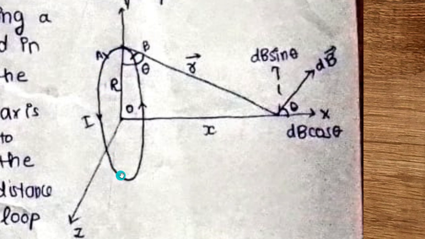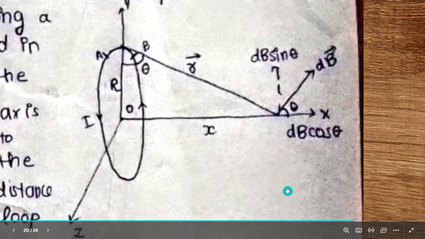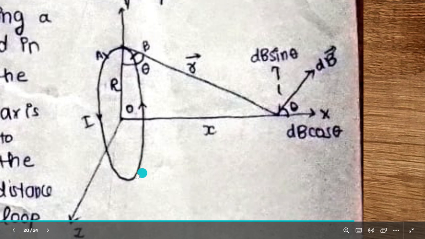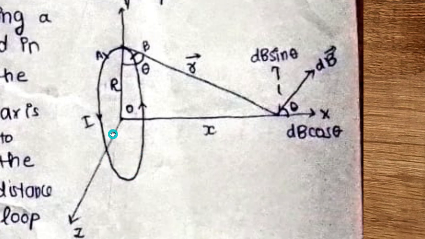If I take one more element like this, CD, on the other side, I get one more component, dB sine theta. So the dB sine theta components cancel out, due to the region below AB, which is the CD region.